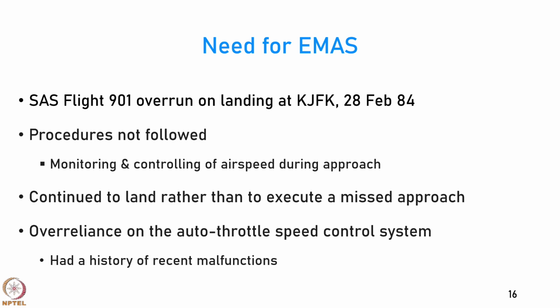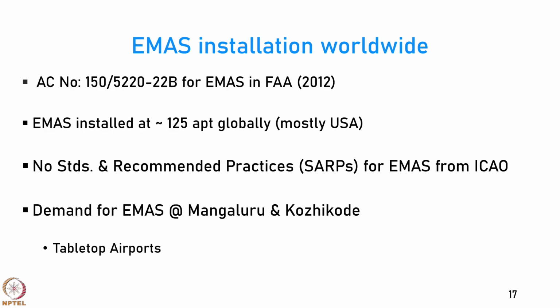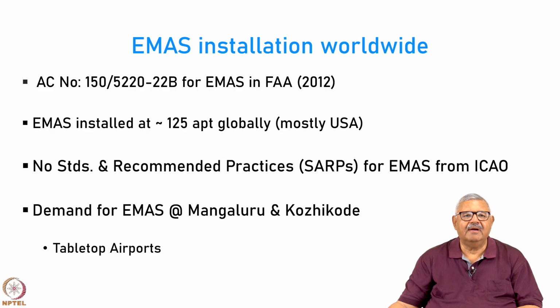Fortunately, no lives were lost, but around 12 people were seriously injured. So, EMAS have been installed worldwide at several airports. There is a circular by FAA in 2012 for the guidelines for installation of EMAS surfaces. It has been installed at 125 or so airports globally, and most of these airports are in the USA.